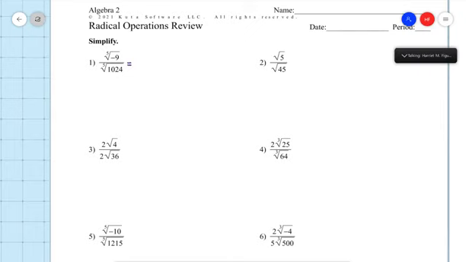Since this is an odd index, we know that negative is going to come out, and then we're going to rewrite 9 as its prime factors. So 9 is 3 squared.